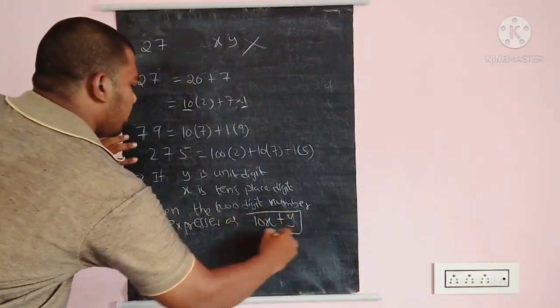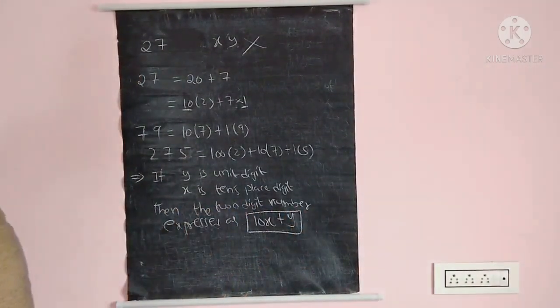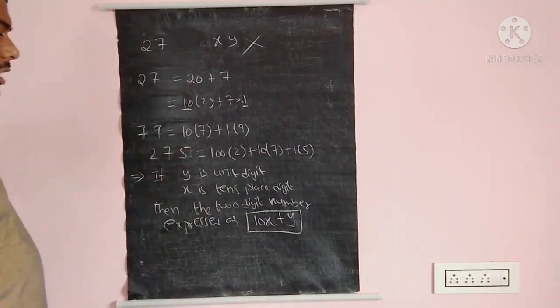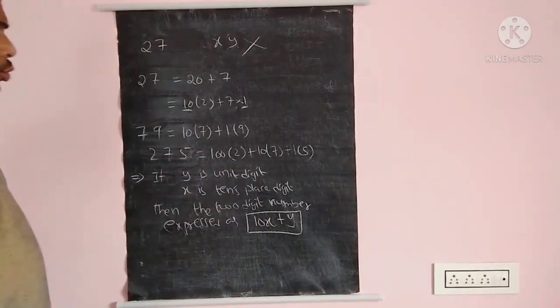If you write a 2-digit number as 10x plus y, then x is in the tens place and y is in the units place.